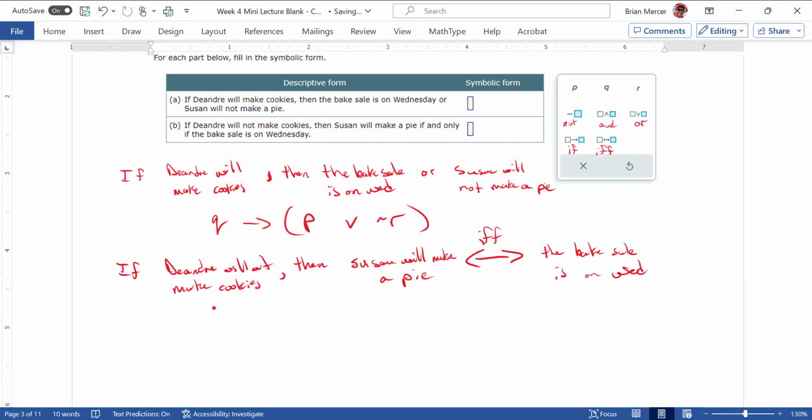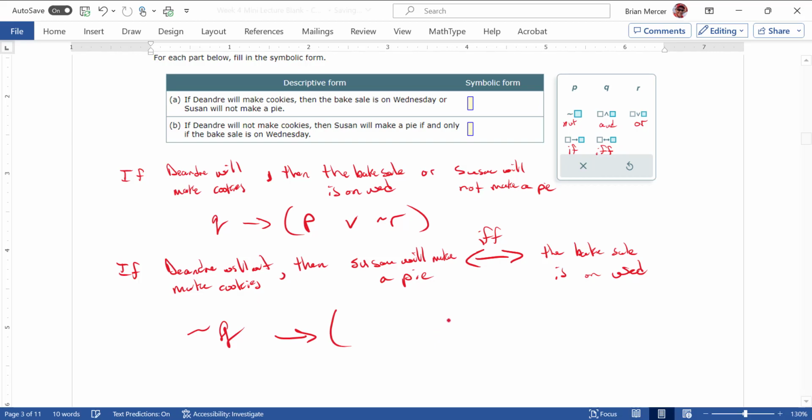So if DeAndre will not make cookies, so that's a conditional statement that says the negation of Q. Since Q was DeAndre will make cookies, this says if he will not make cookies. So the negation of Q implies what?